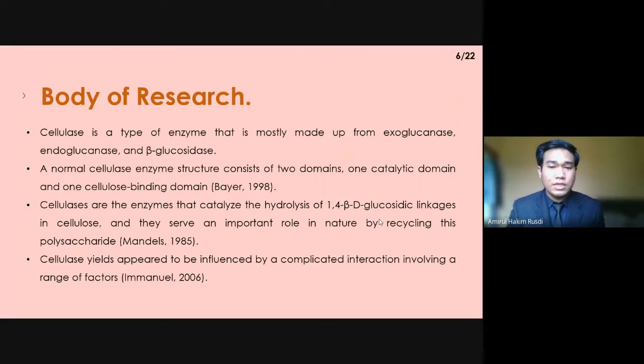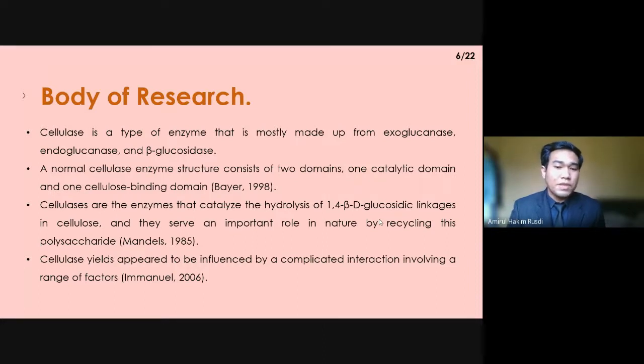Cellulose hydrolysis, which is the process of cellulose decomposition, requires this complex to take place. Cellulases are the enzymes that catalyze the hydrolysis of 1,4-beta-glucosidic linkages in cellulose, and they serve an important role in nature by recycling this polysaccharide, which is the major component of the plant cell wall.